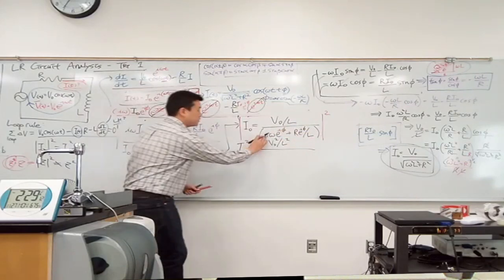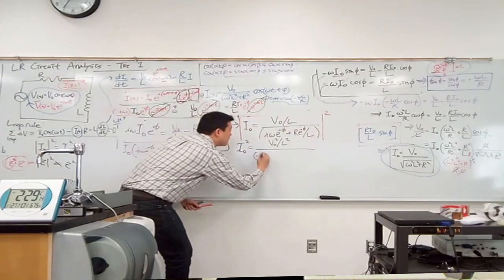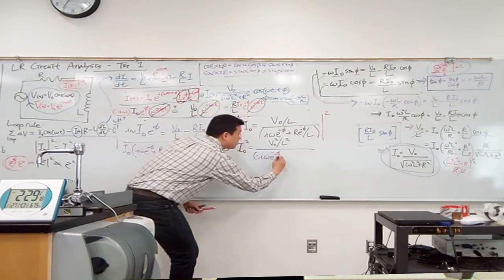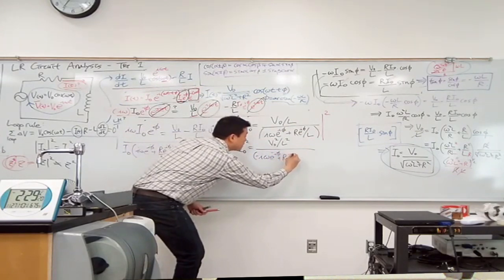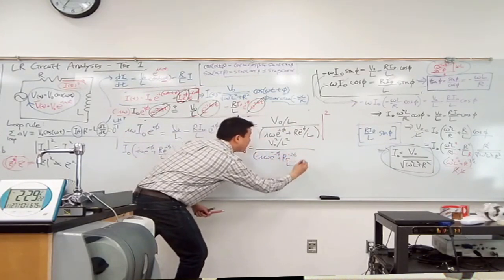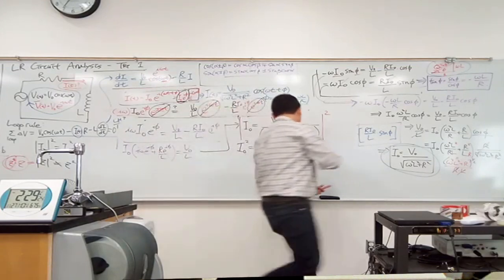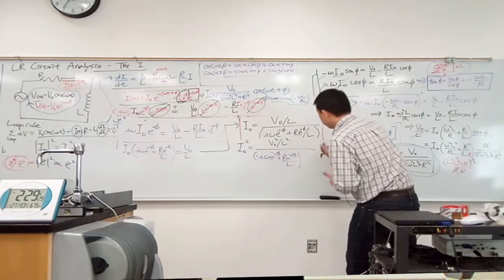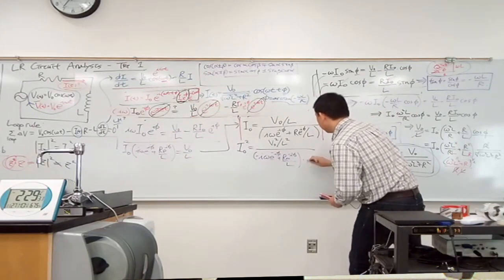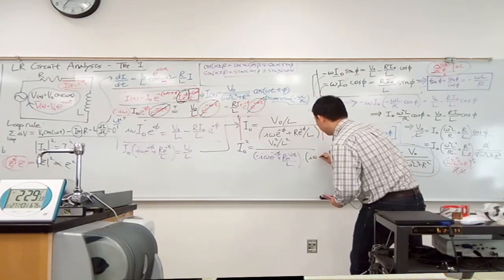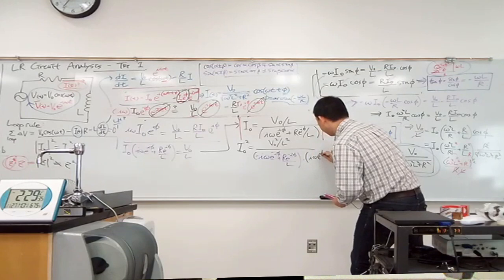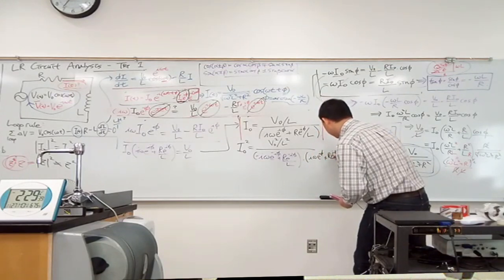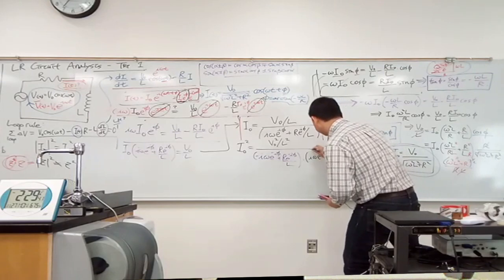So all I have to do is turn all the i's into minus i. So it's minus i omega e to the minus i phi plus R e to the minus i phi over L, times the original complex number itself, so times i omega e to the i phi plus R e to the i phi over L.